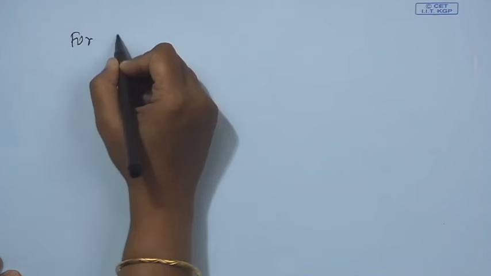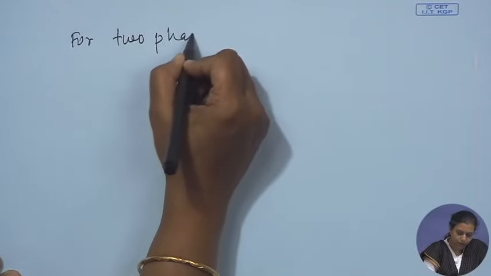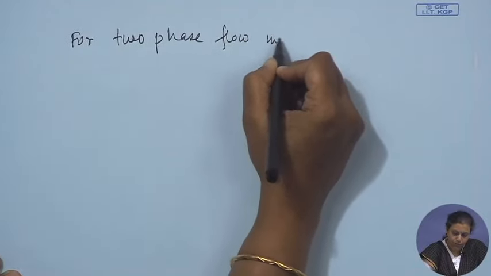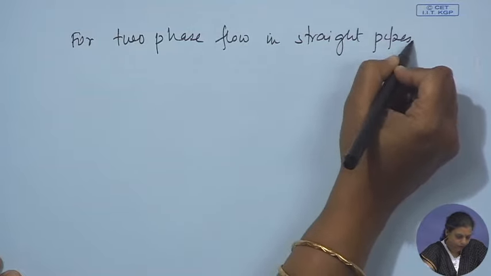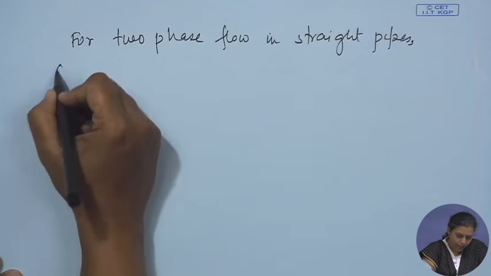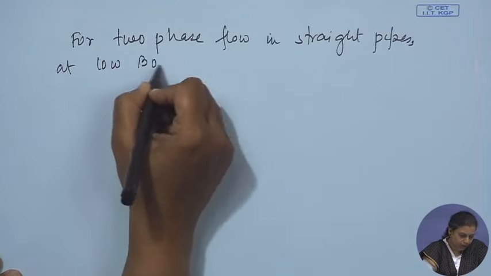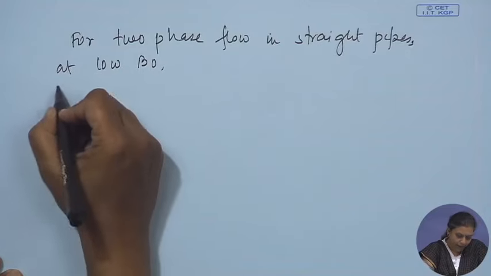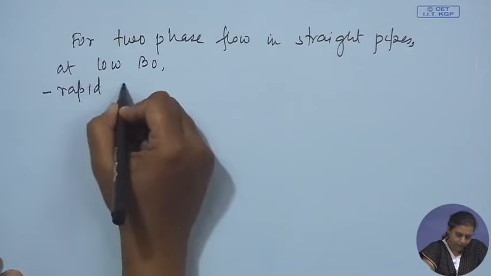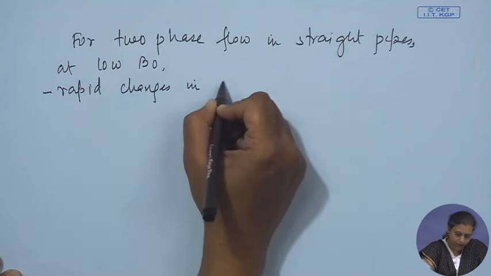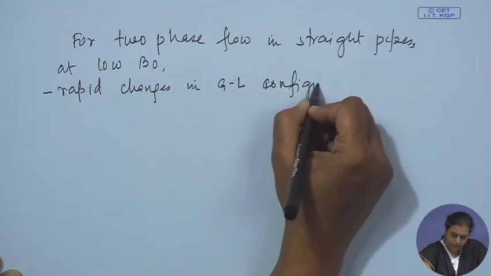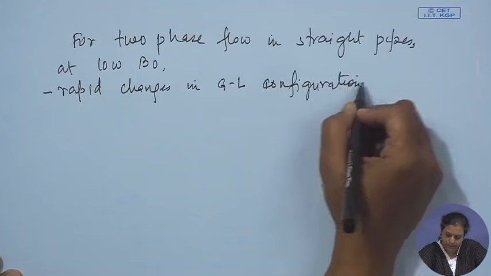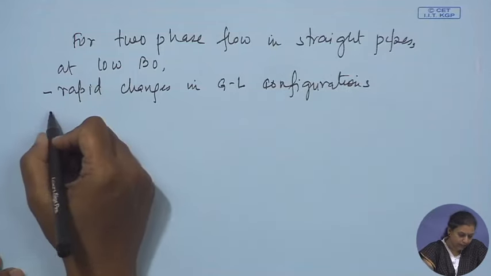That if two-phase flow occurs in a straight pipe, at low Bond number, we find that rapid changes in gas-liquid configurations take place, or rather the flow patterns keep on changing.